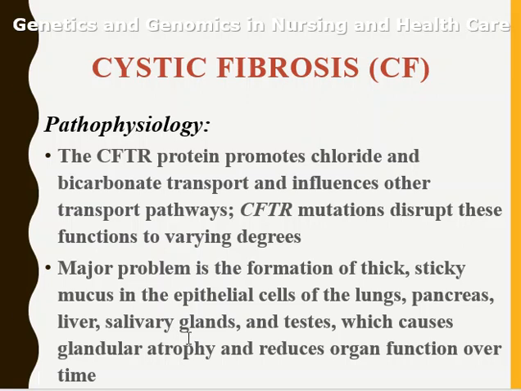Okay, so the CFTR dysfunction leads to the inability to secrete chloride ions, excessive amounts of sodium absorption and water retention, limiting the water available to hydrate secretions. So the result is dry, sticky, thick mucus.